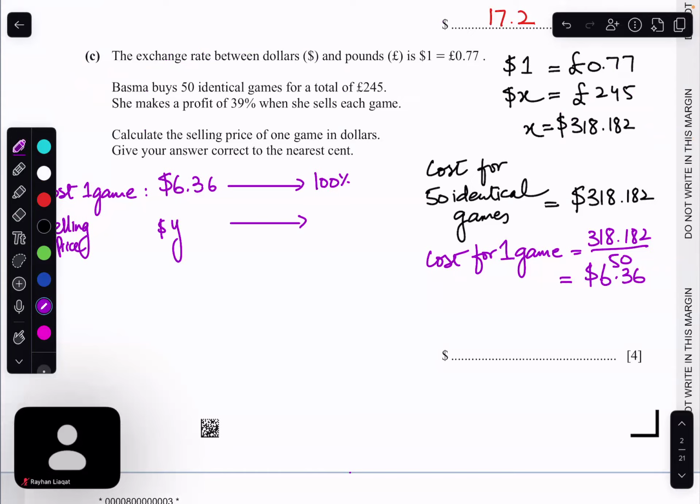So 100% increase by 39, we have 139%. What should be Y? Y will be, multiply them. Let me multiply over here. This should be 8.85.